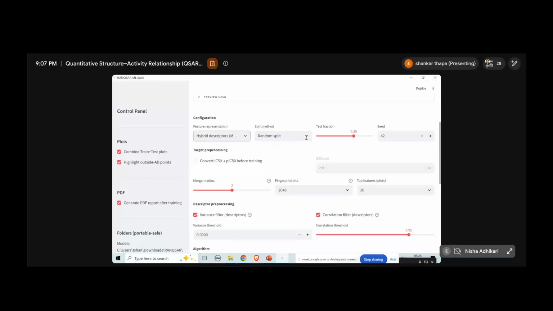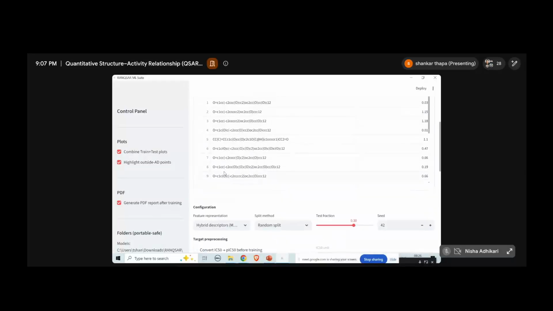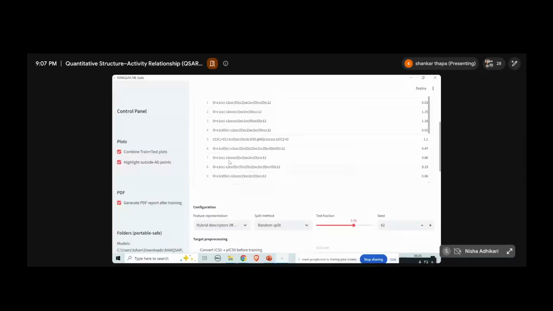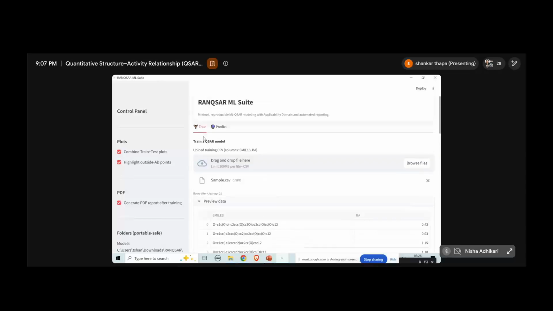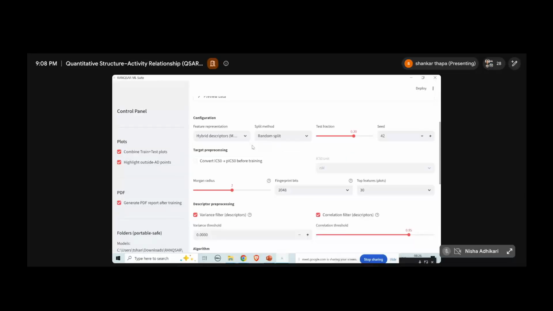Now, splitting method. I told you, how many compounds have we taken? Not nine compounds. Yeah, 20 compounds we have taken. So 20 compounds means 20 sets. These 20 sets we have to split into training set and test set.